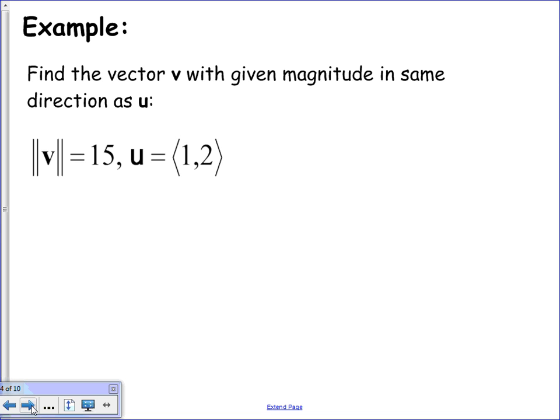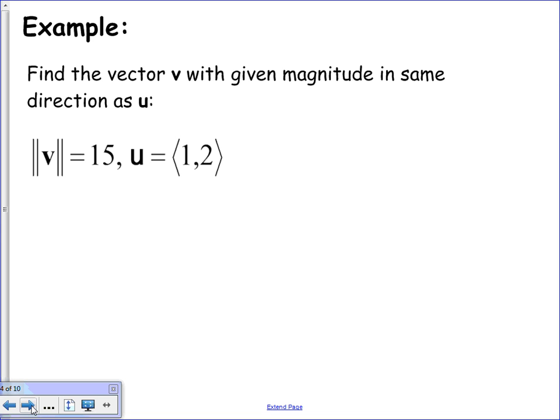An issue here is that we could find the magnitude of the vector u, the square root of 1 squared plus 2 squared. It would be the square root of 5, so that's the distance of u. And then the big question would be, how do I get from the square root of 5 to 15? That becomes a little bit challenging.